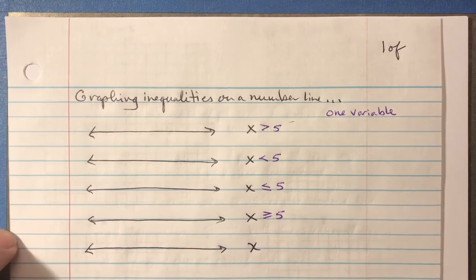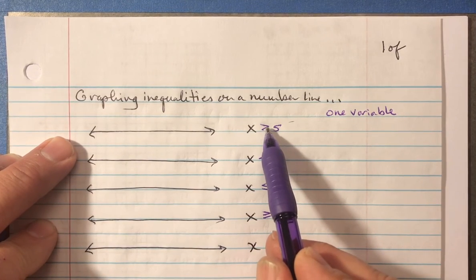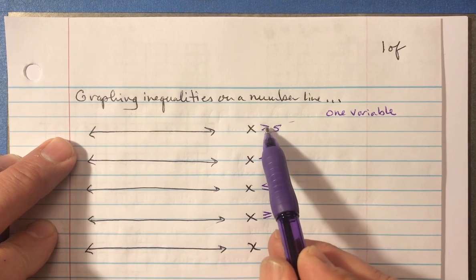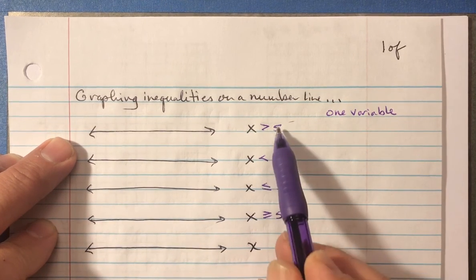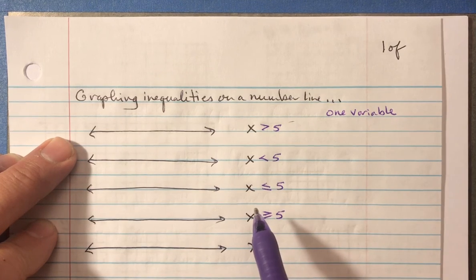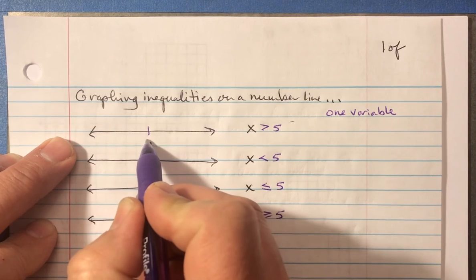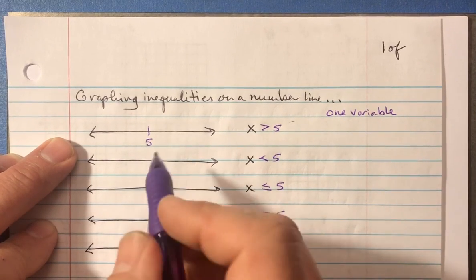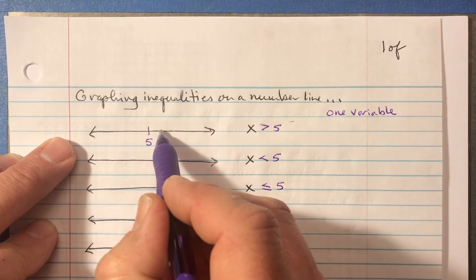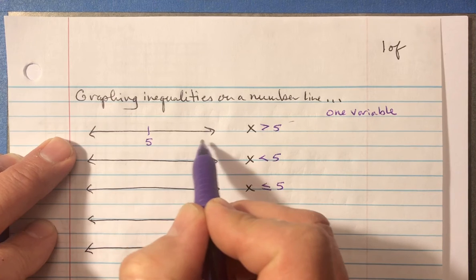Now, when we graph these, remember that when we had greater than or less than, we used an open circle because we could not include the number 5. So, for example, we put 5 here as a reference point, and we were looking at all values greater than 5, like 6, 7, 8, 9.